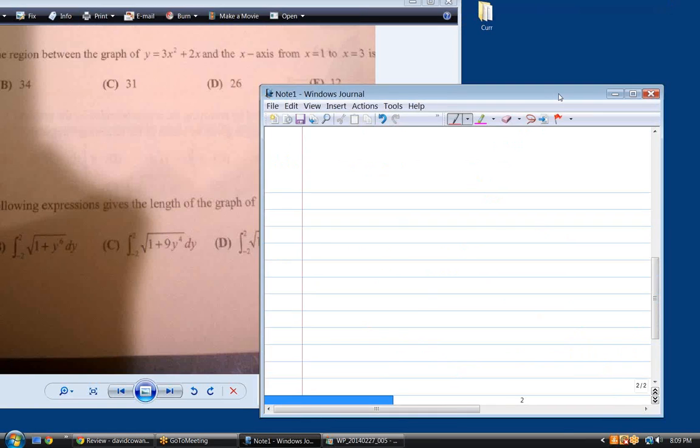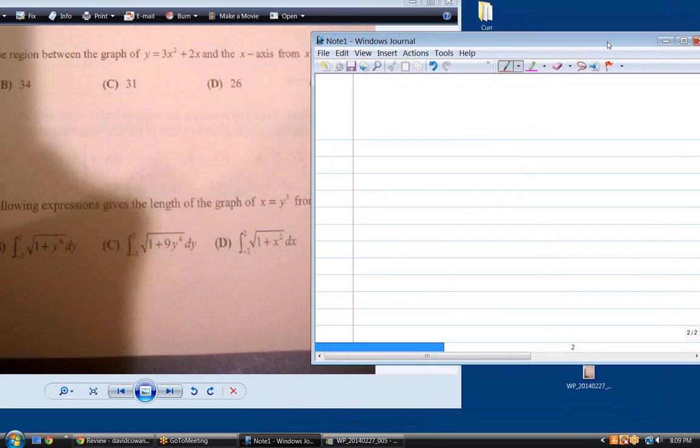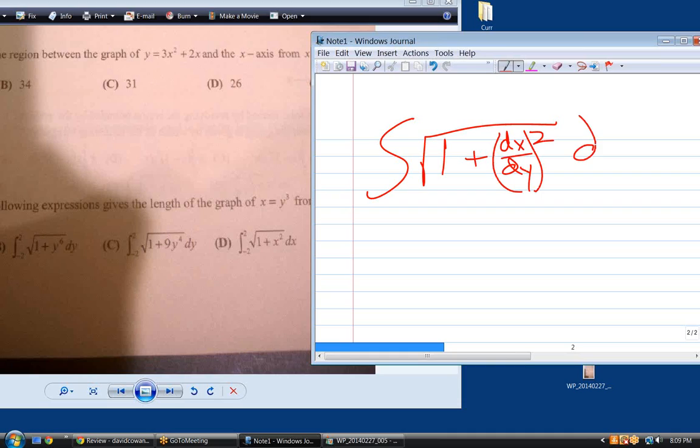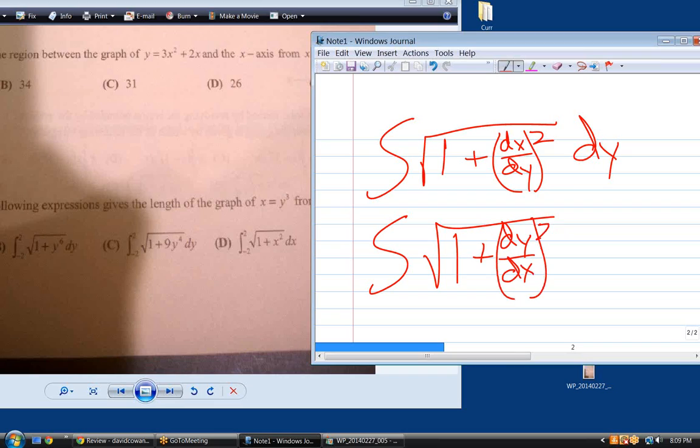Isn't it 1 plus dy/dx squared, the square root of all that? Well, it's either dy/dx or dx/dy, depending on what your function is. So it's 1 plus either dx/dy squared, dy, or it's 1 plus dy/dx squared, dx. Which one do we want to use here?